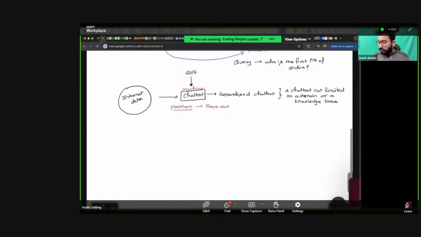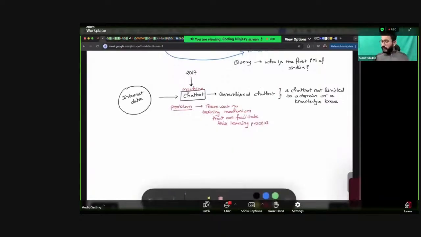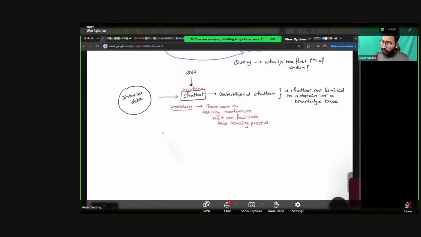there was no training mechanism that can facilitate this learning process. And that is where in 2017, there was a person whose name was Ashish Vaswani.